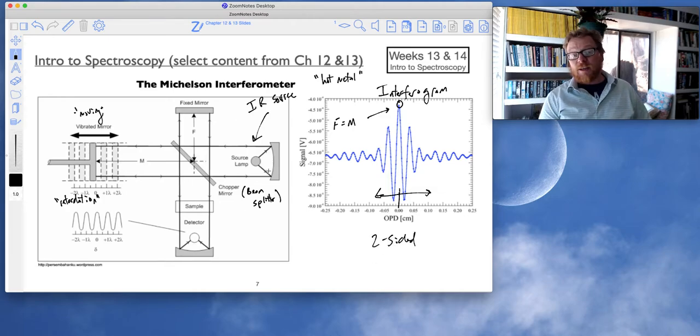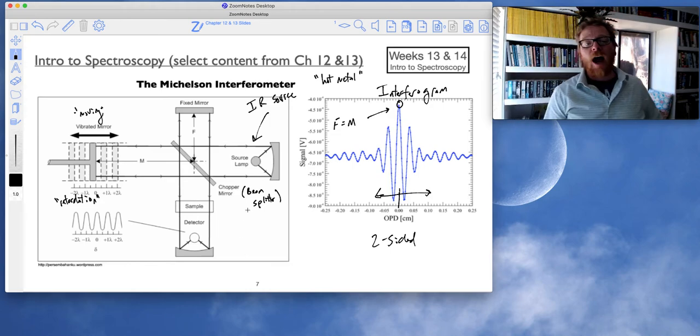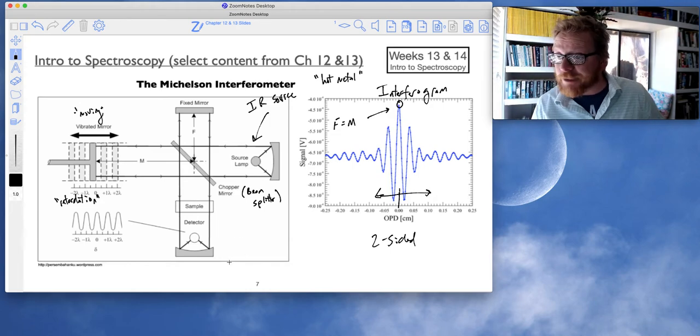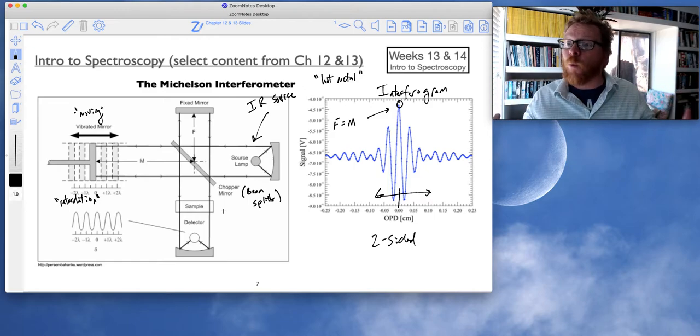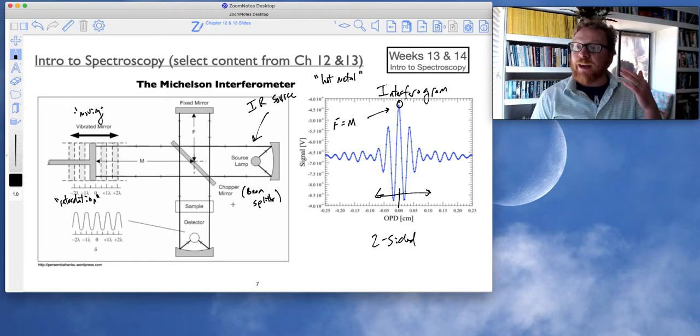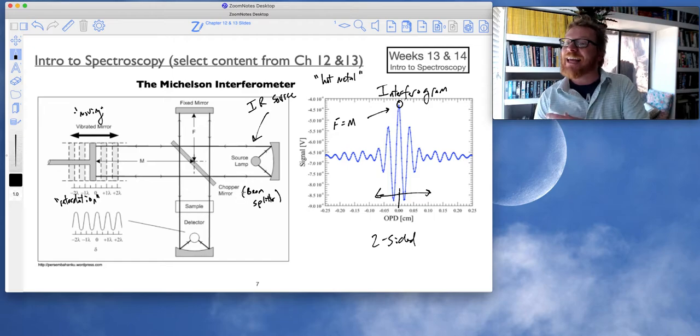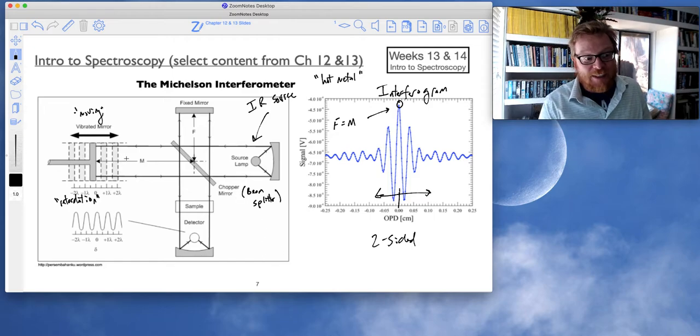Because our IR source is broad, it has a whole plethora of different wavelengths, and those are all interfered with constructively and destructively in different ways as this mirror is vibrating back and forth. And so what this does is it creates insanely high spectral resolution.